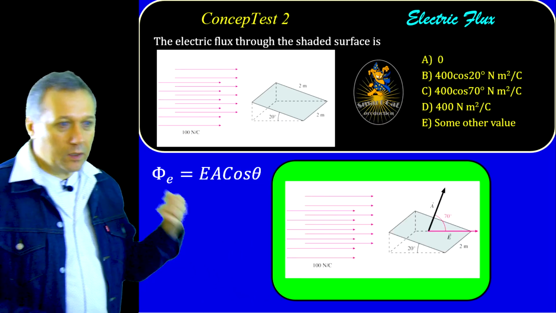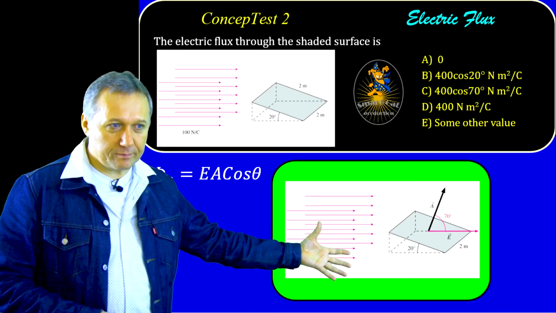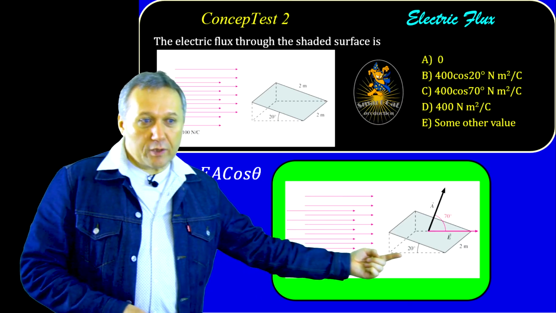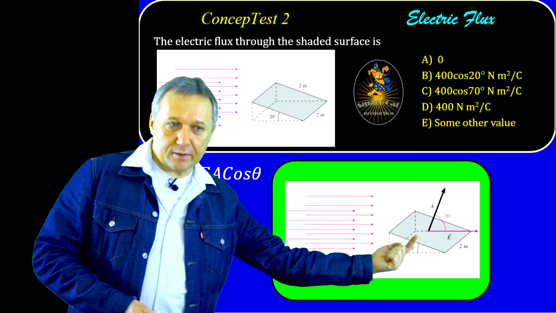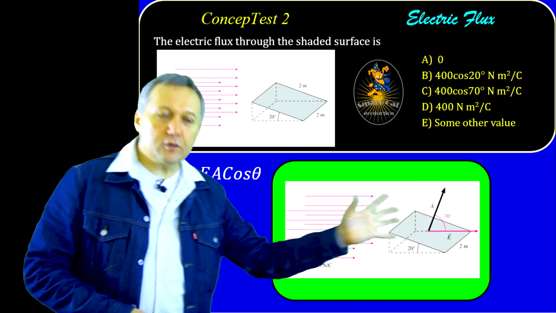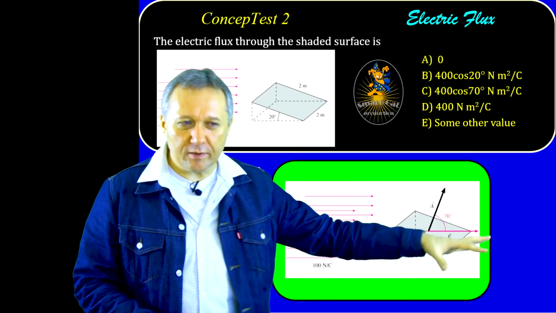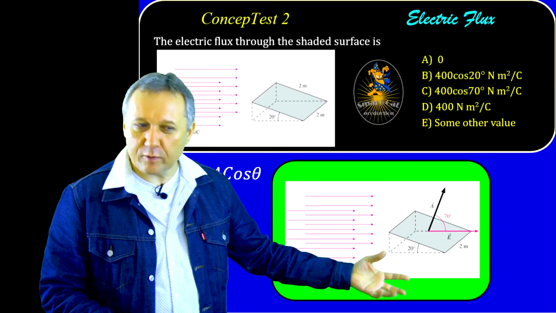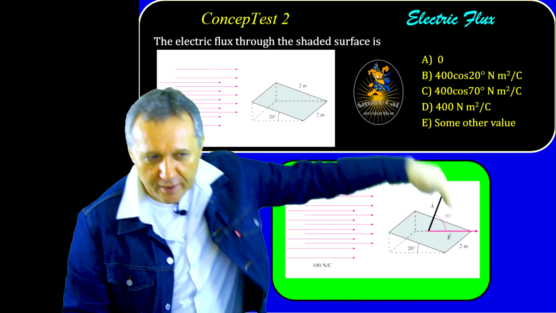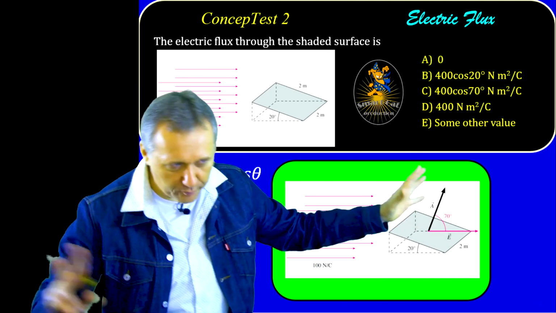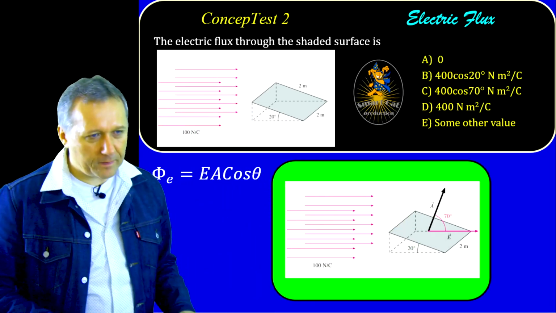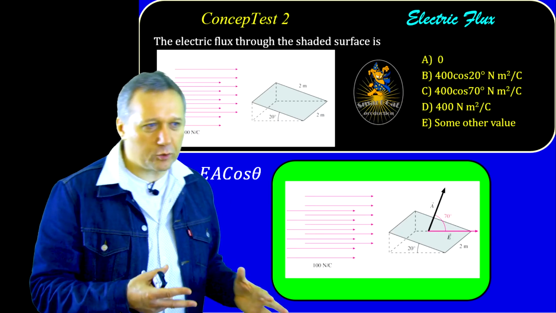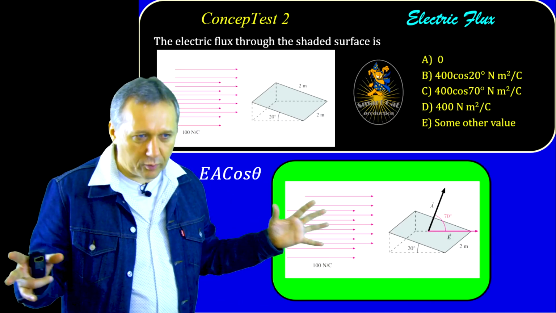I picked the area vector so that it is somewhat in the direction of the electric field. In that case, electric flux will be positive. Although there is nothing wrong with pointing the area vector downward. It will be equally correct, maybe not the most convenient choice, but it will never be wrong.